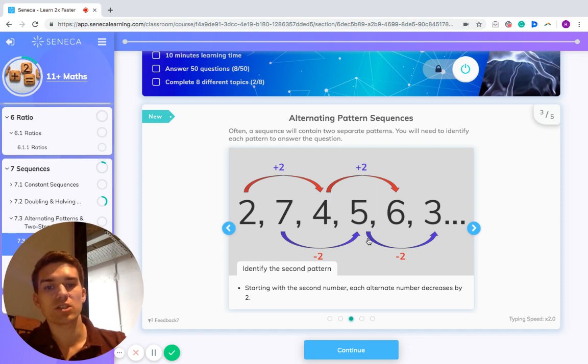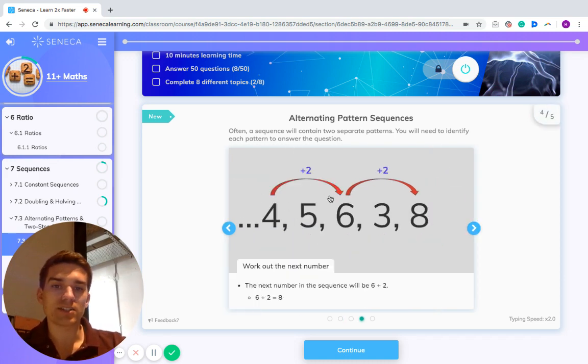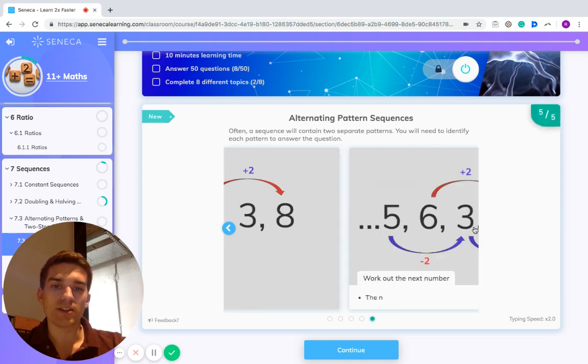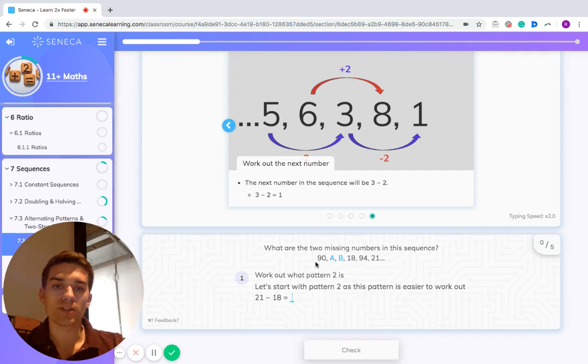So there's 2 different sequences interwoven with each other, right? So again, we're adding 2 each time here, and then the other alternating sequence is that we're taking away 2 each time. So look out for those.